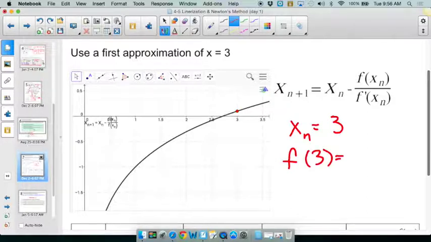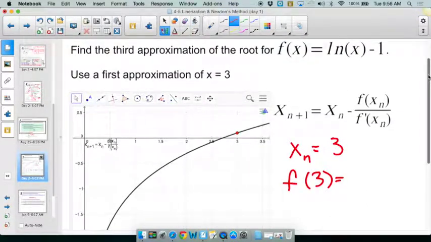So what happens when we put 3 into this expression? What do we get? What's the natural log of 3 minus 1? So grab a calculator, give me a decimal. We know we're doing approximations, and we know we're doing a process where we're going to see little itty bitty changes. So give me 4 or 5 decimal places.